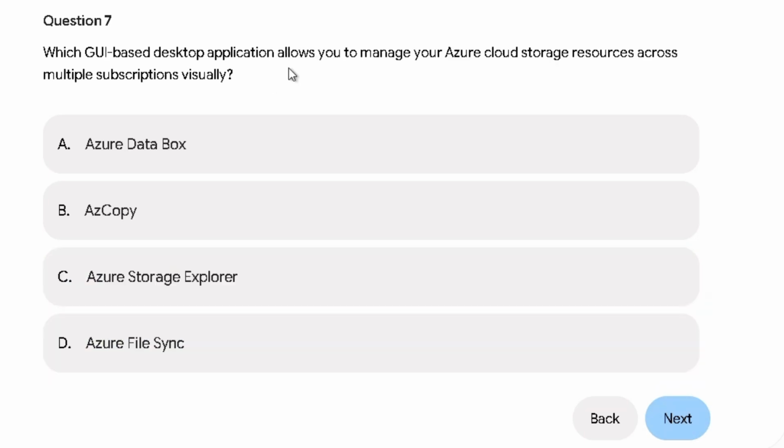So question number 7. Which GUI-based desktop application allows you to manage your Azure cloud storage resources across multiple subscriptions visually? What I'm going to do for this question, I'm going to let you choose. I know I've been saying that we're going to do 5 to 10 questions every day, but basically we've been doing 10 questions every day.